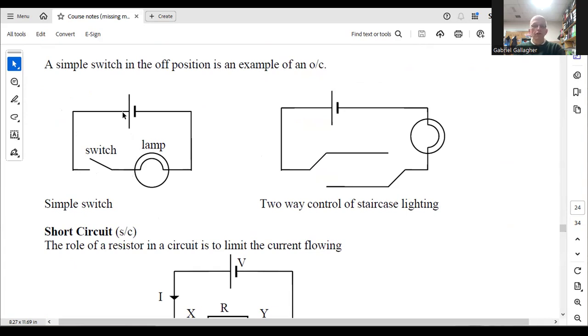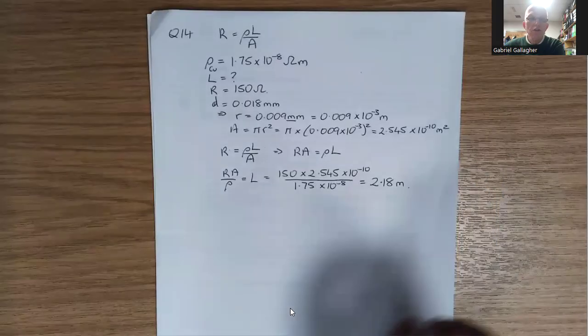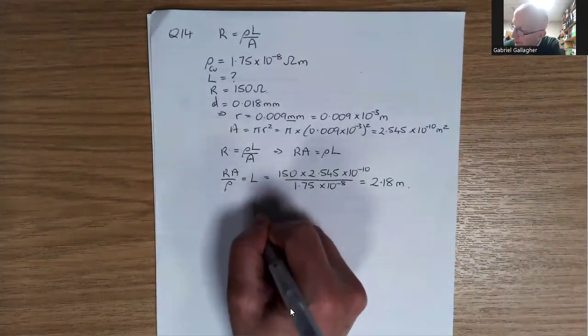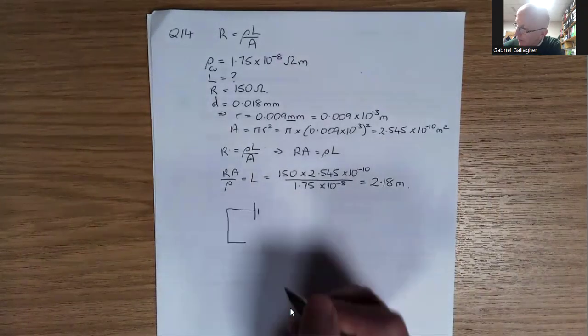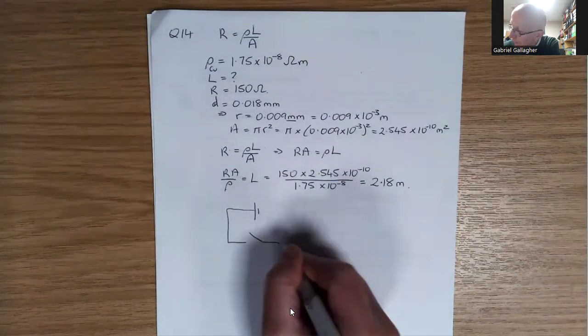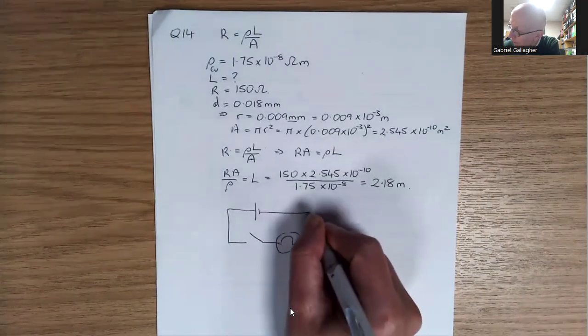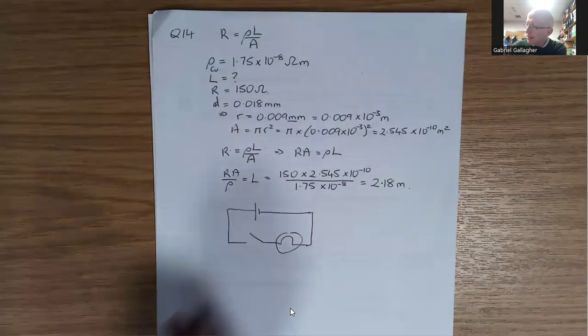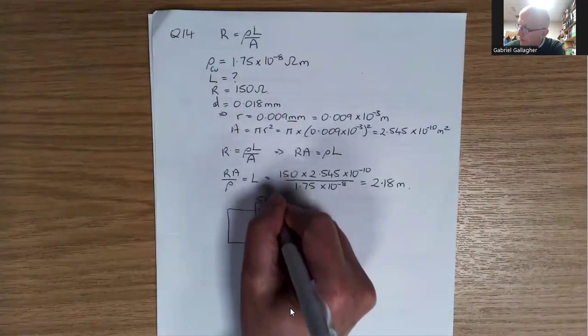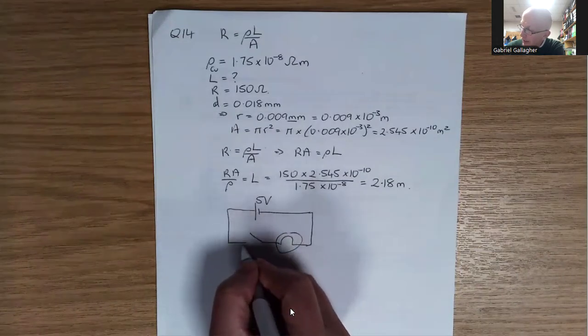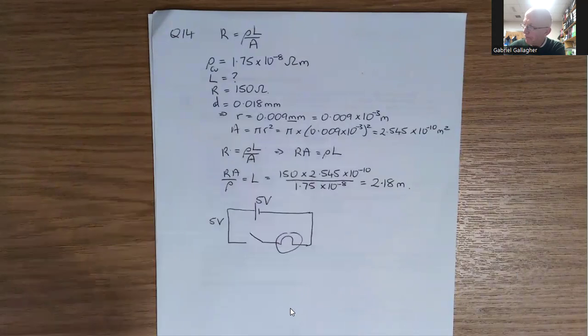Now, you may be wondering about potential and things like this. So if we take that example of the open switch and the lamp, and think about potential, say this is 5 volts. Well, obviously everywhere along that simple wire is 5 volts.